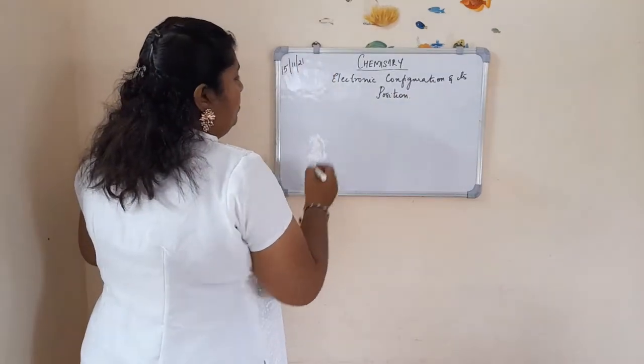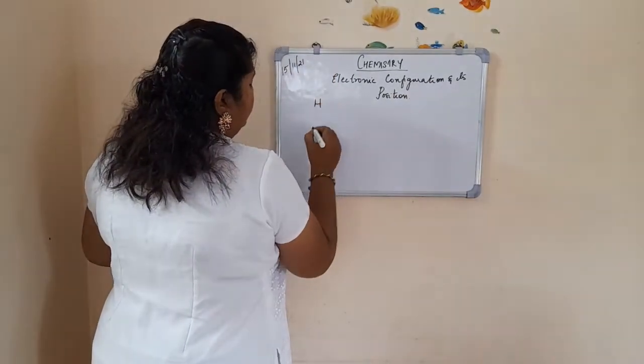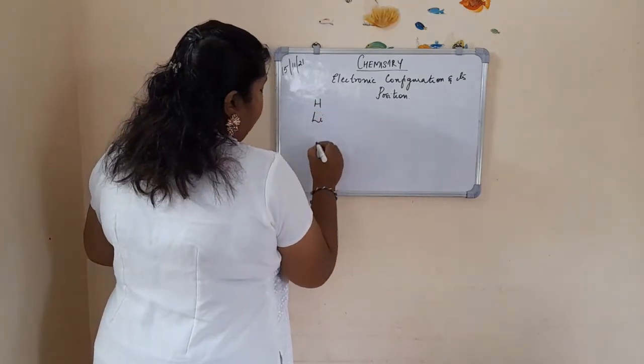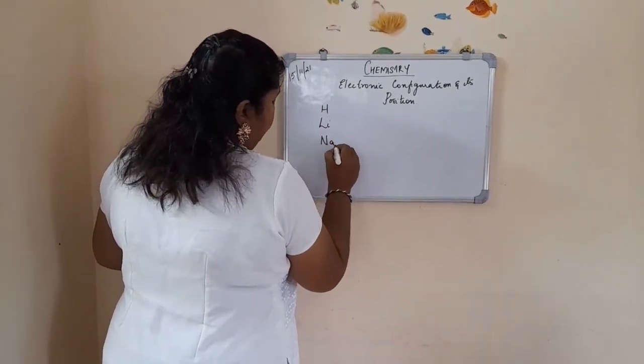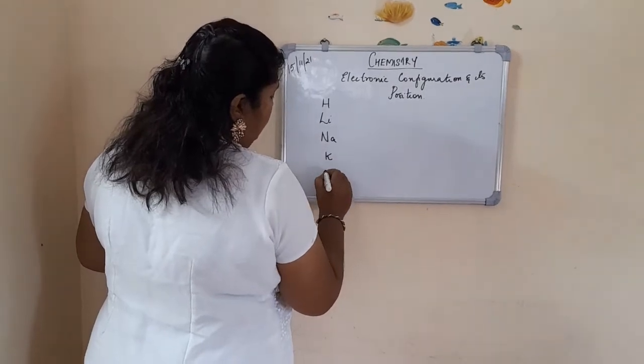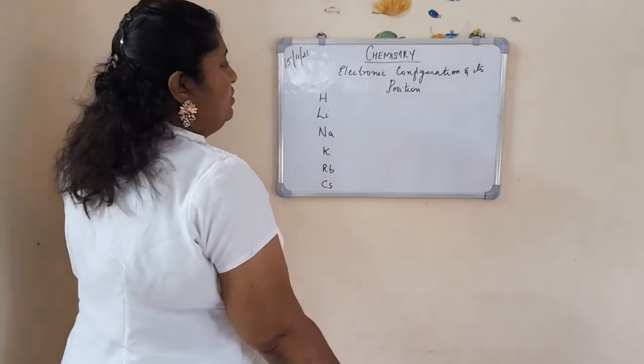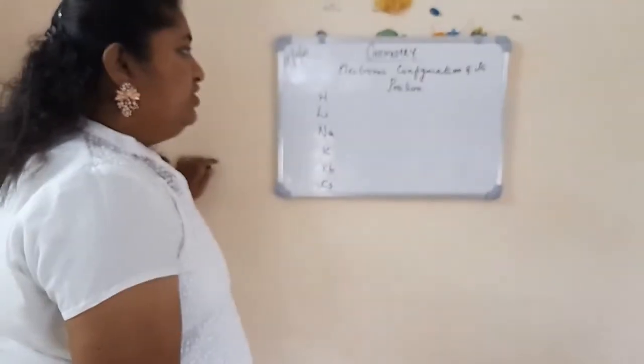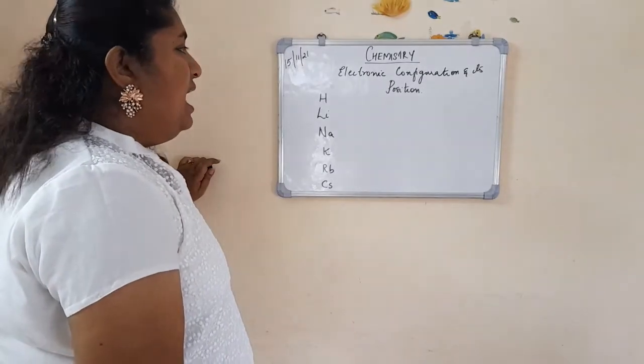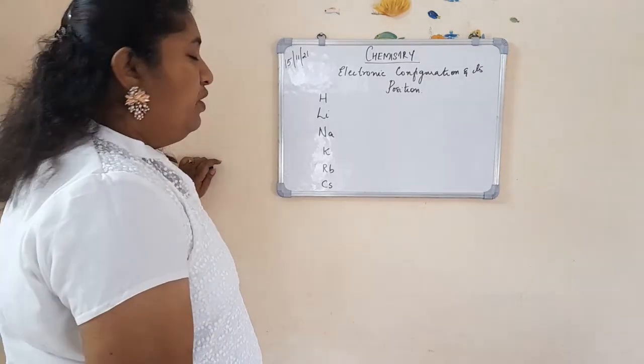I am going to write hydrogen, lithium, sodium, potassium, rubidium, cesium, with the electronic configuration of these elements and their position in the periodic table.